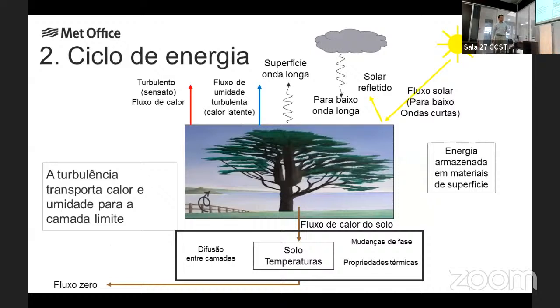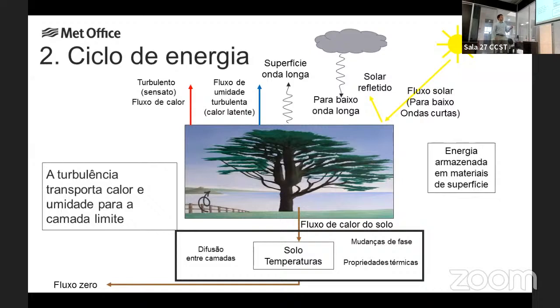And then you've got the radiation scheme. So you've got your downward shortwave flux. Then this gets reflected back up as shortwave radiation. Then you've also got your upward longwave radiation, and then your downward longwave radiation.